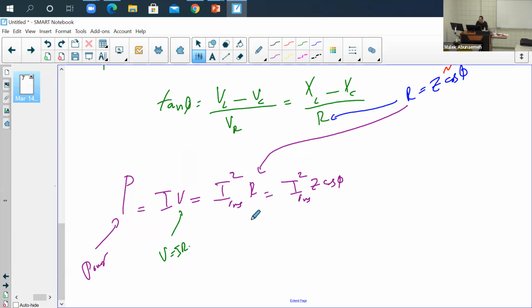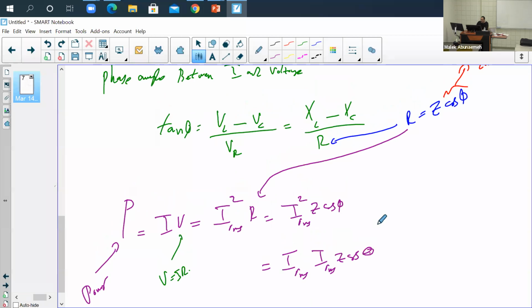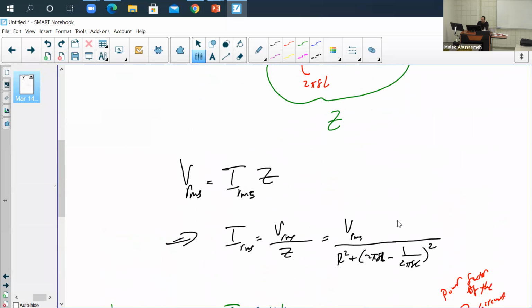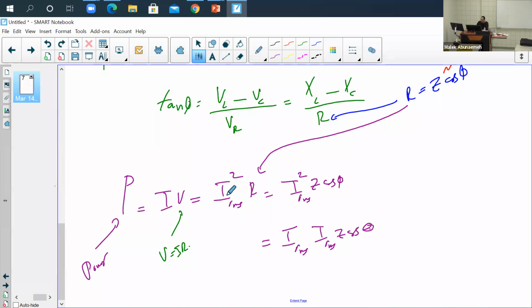Again, we're not going too much into the math of the triangle, but your power is going to equal your root mean square current multiplied by Z, your impedance, multiplied by cosine theta. What this is actually telling us is you have your root mean square current multiplied by another root mean square current multiplied by Z cosine theta, which we have defined from the beginning as the root mean square voltage.